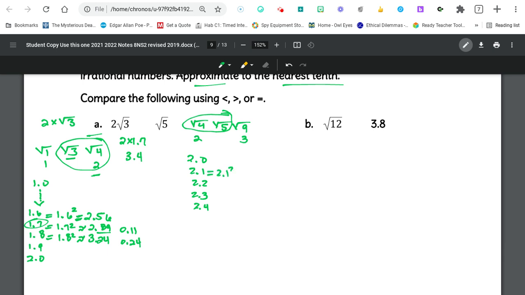So it's 2.1. Let's try that. 2.1 squared. 2.2 squared. And you'll check too. You can pause the video and check.